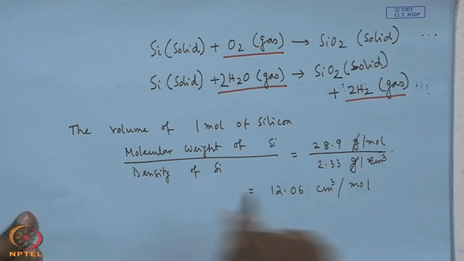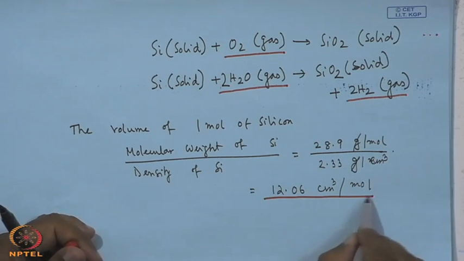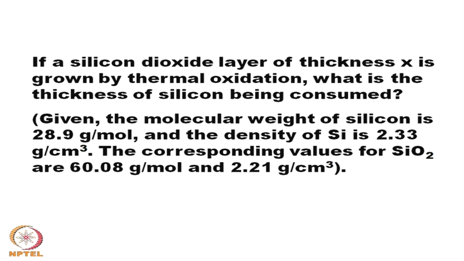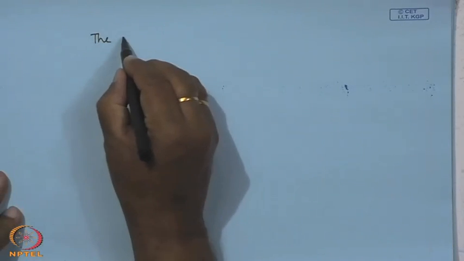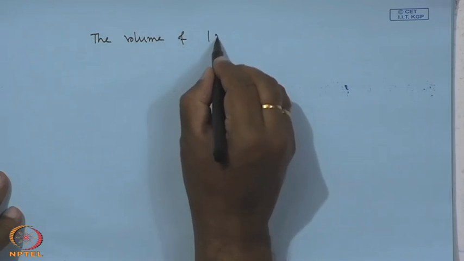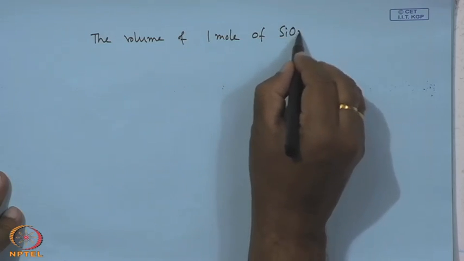With this value we can calculate the volume of 1 mole of silicon. Next we shall see the volume of 1 mole of silicon dioxide.